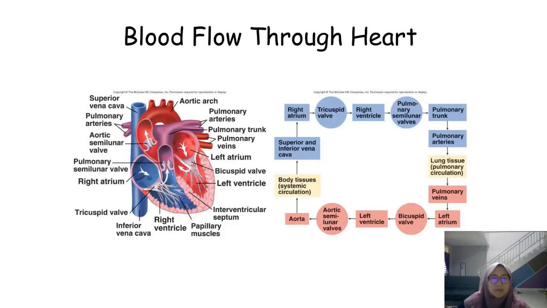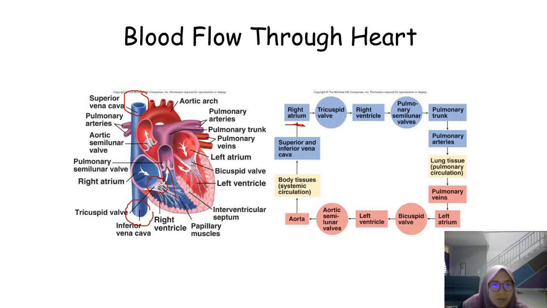This is the diagram which I hope you can easily understand. This is the inferior vena cava, and this is the superior vena cava, pumping blood from our body tissue into the right atrium. The right atrium passes the tricuspid valve to the right ventricle.